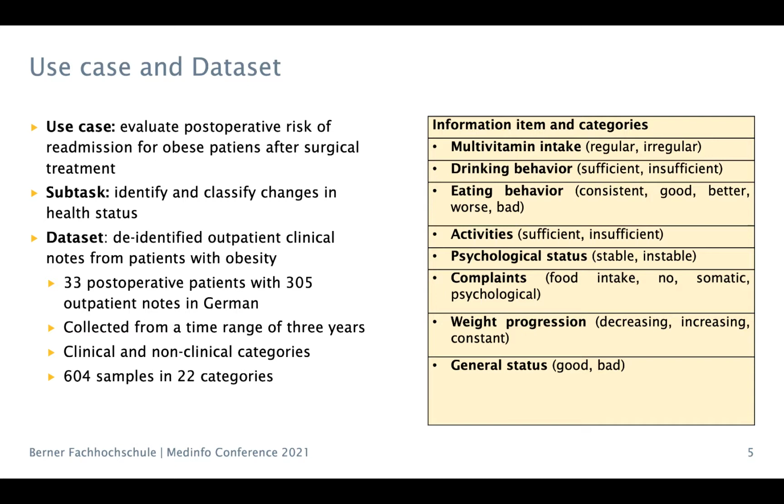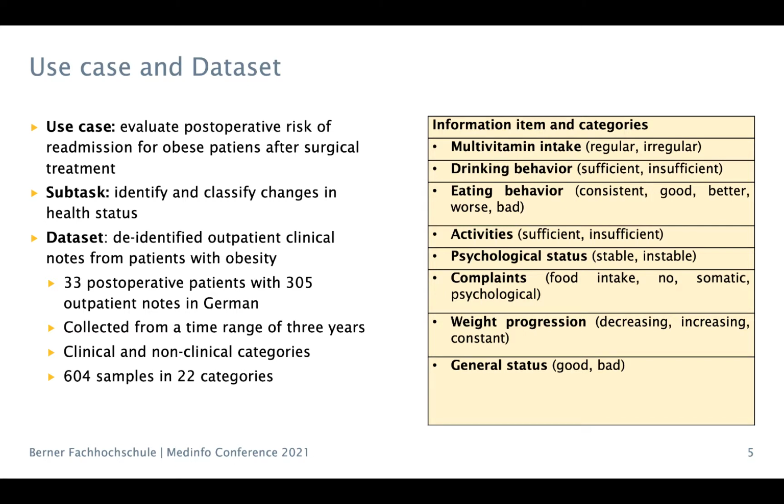So they are coming every 6 months after surgery, they come back, and the physicians are assessing specific aspects of health, physical health, but also mental health, and these items should be used to assess a post-operative risk.